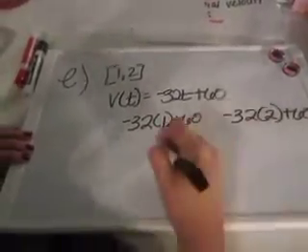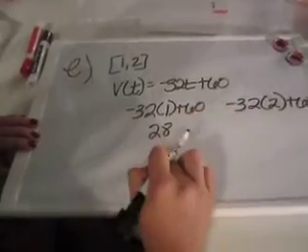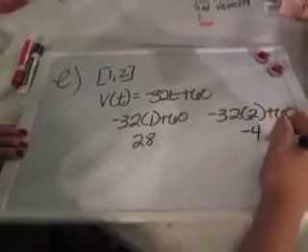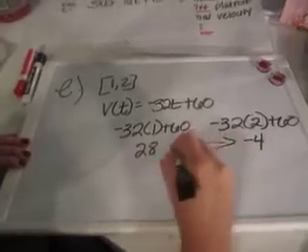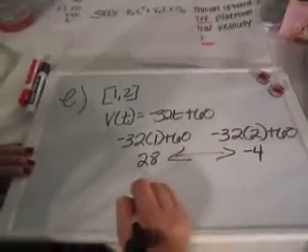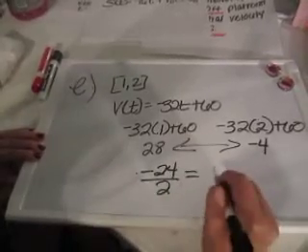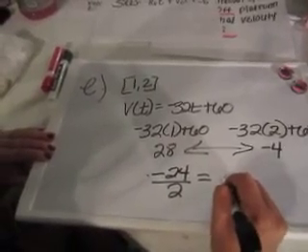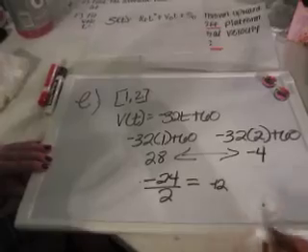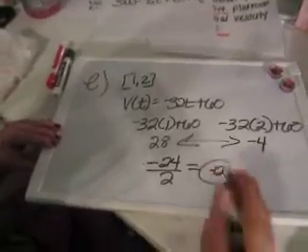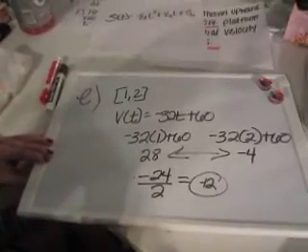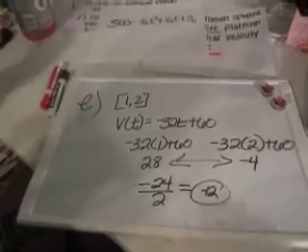And we find the numbers, which is 28, and this is negative 4. And again, we add these two and divide by 2, so it's negative 24 divided by 2 gives us negative 12.